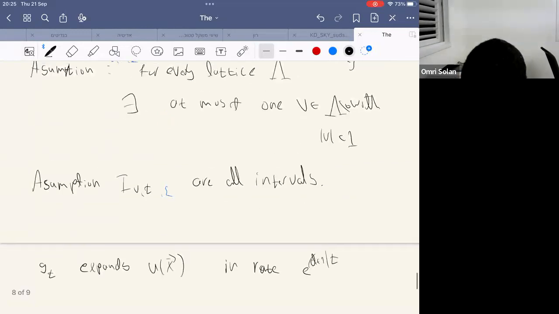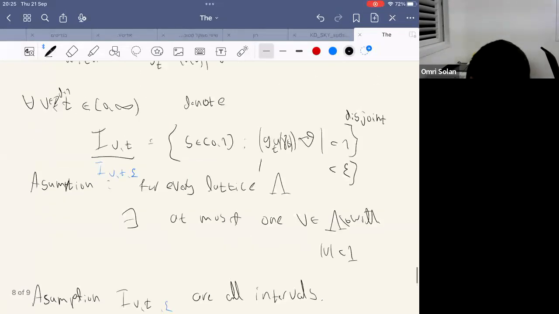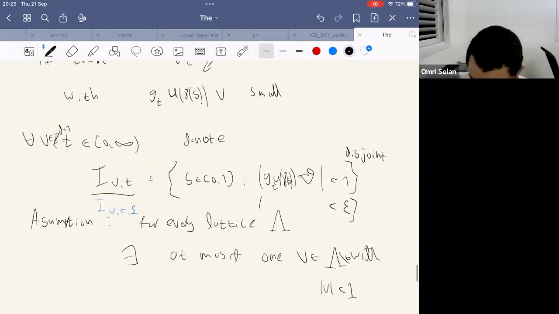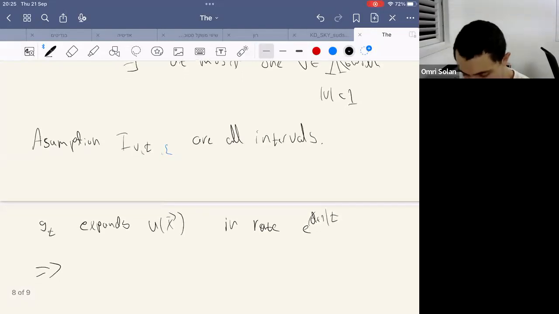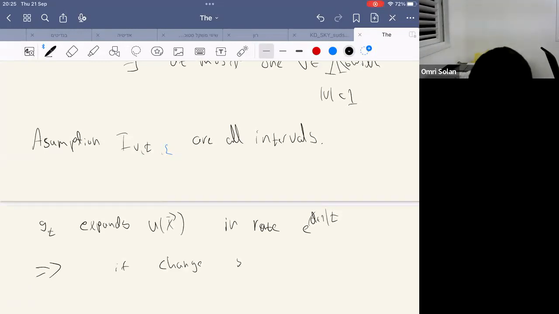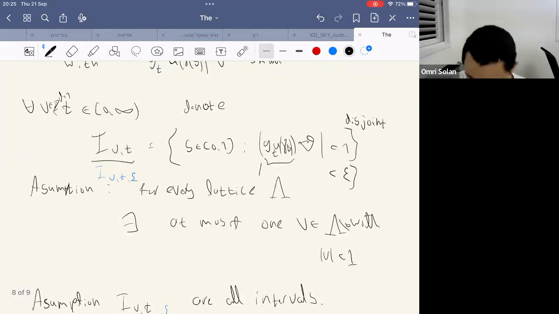And so if I change s by less than e to the minus (d plus 1) t, this matrix will not change by a lot, and so this vector will not change by a lot.